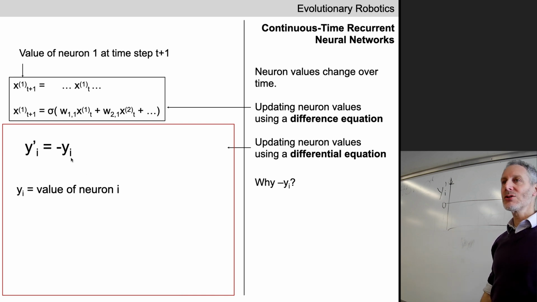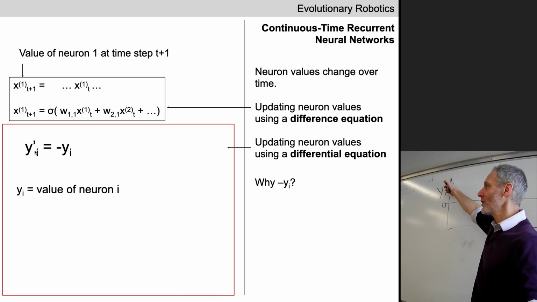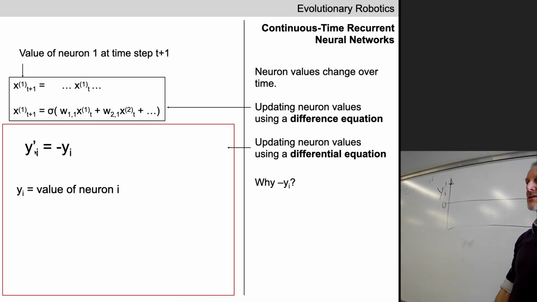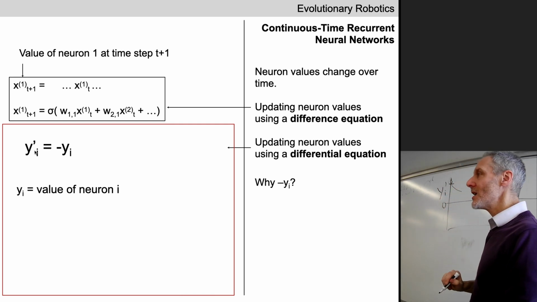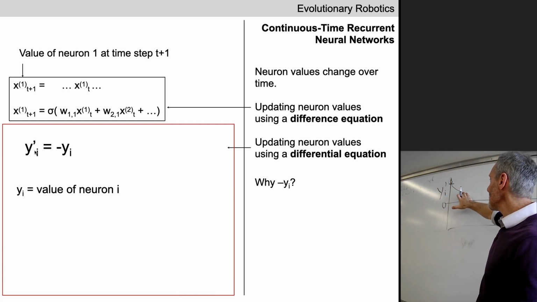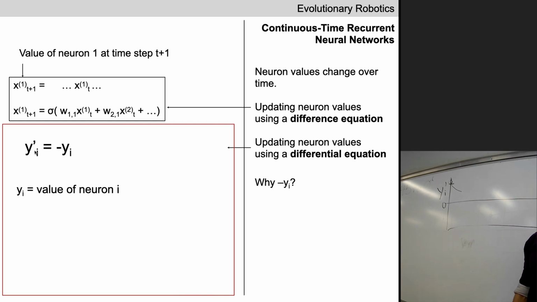We plug that into the right-hand side. We plug in y sub i equals 1 into the right-hand side. What do we get on the right-hand side? We get minus 1. What does it mean for y prime sub i to equal minus 1? What does that tell you about how this value is going to start changing as time moves forward? It's going to start decreasing. Let's say we pause for a moment. It's decreased to about 0.5.